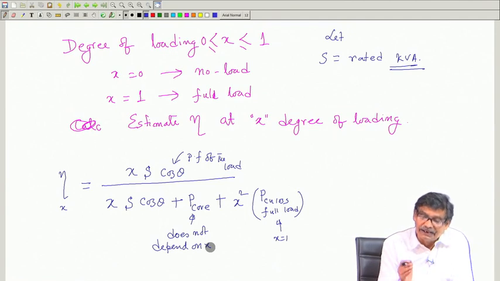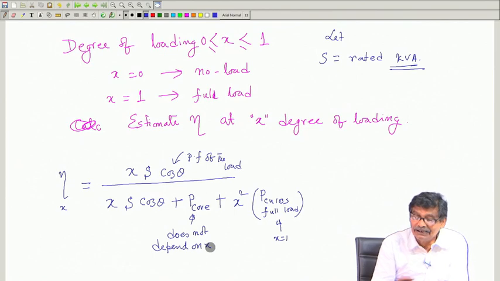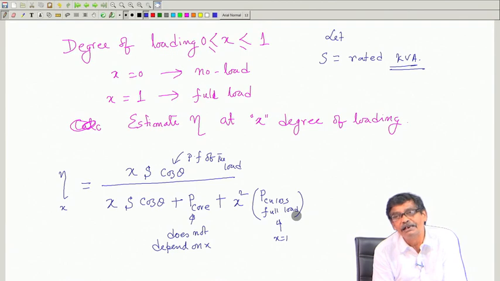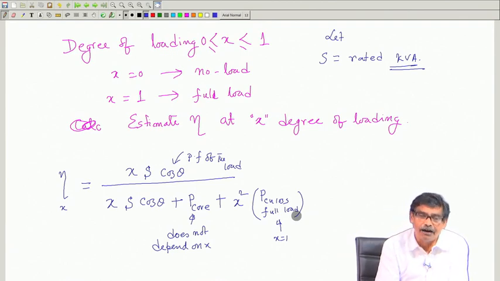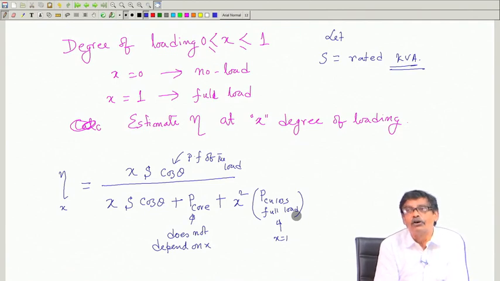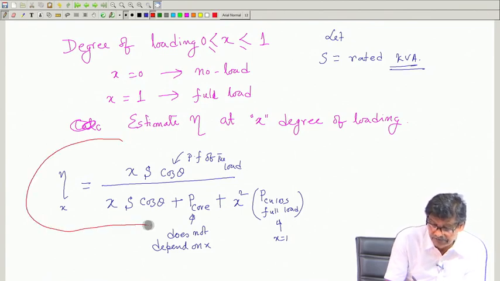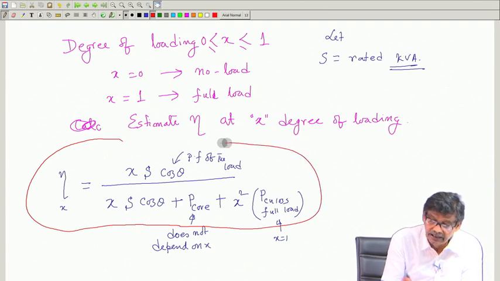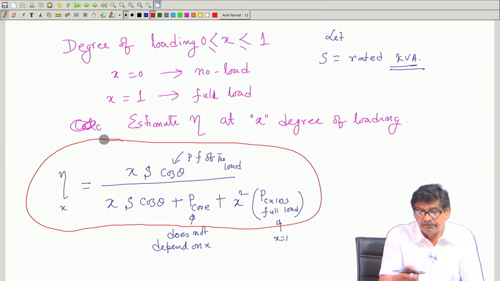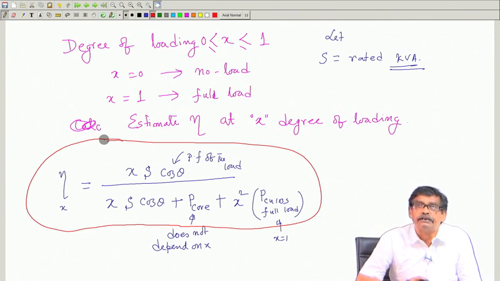Then if it is loaded to x degree of loading, the copper loss at that degree of loading must be multiplied by x square, where x may be half, 3/4, 40%, 0.4 and so on. So, this is the most important formula so far as efficiency is concerned, and we will discuss further about this expression in my next lecture. Thank you.